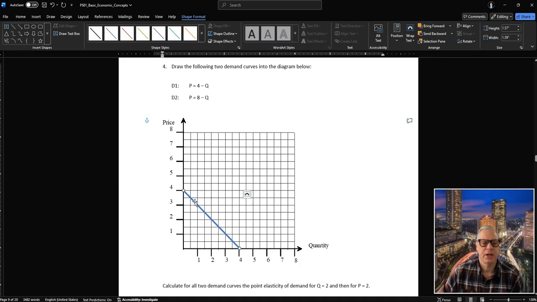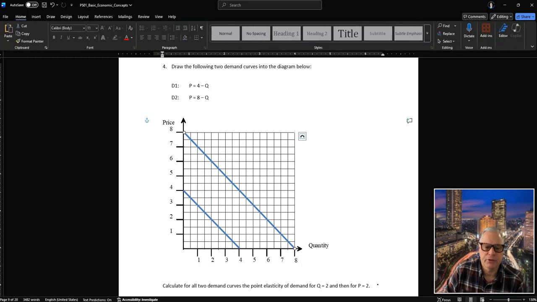And the other one is 8 minus Q. Calculate for both demand curves the point price elasticity for Q equals 2, and then for the price of 2. Okay, so let's start with the quantities here.